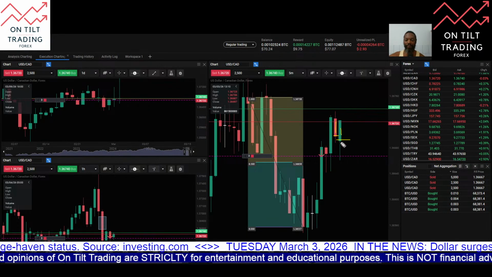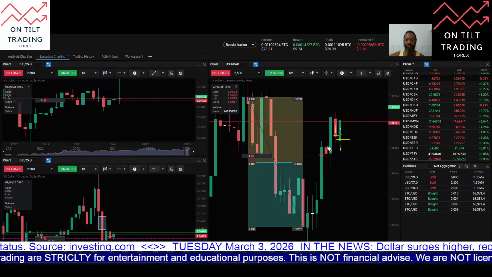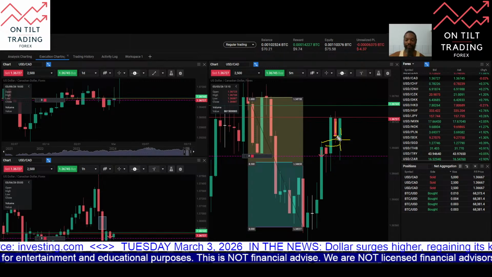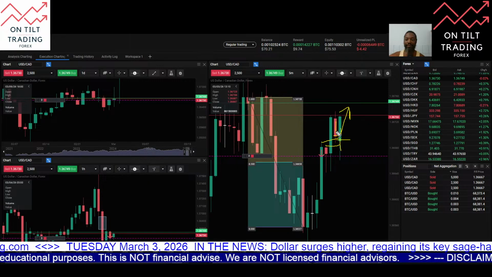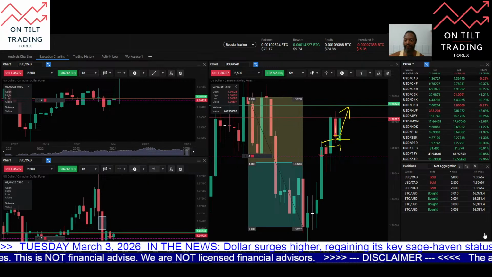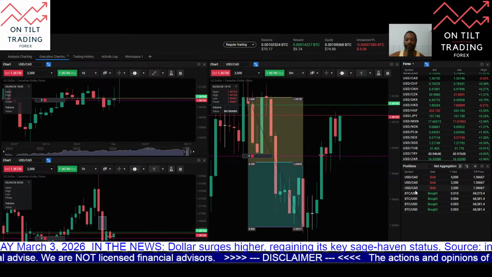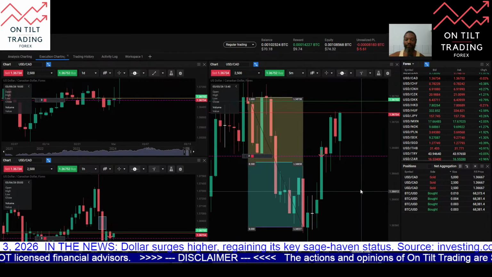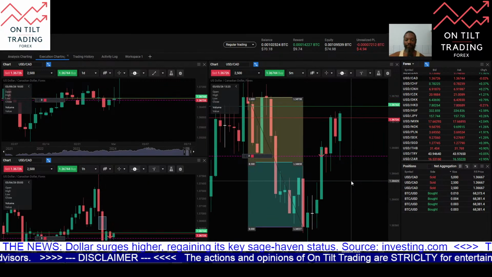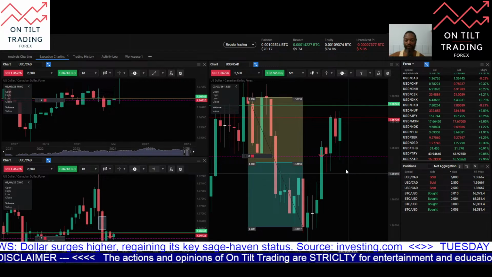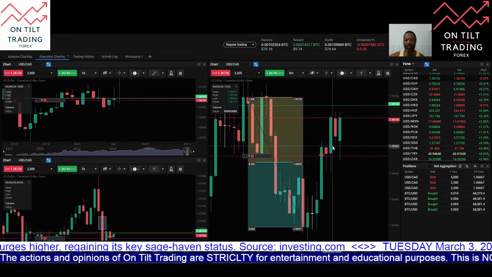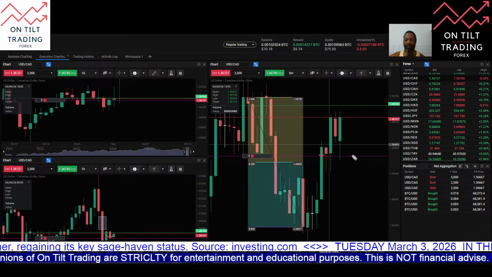Now you have price trade down into this gap. Now price is reacting from this gap, sending price to the buy side. So strong reaction from this bullish fair value gap here.